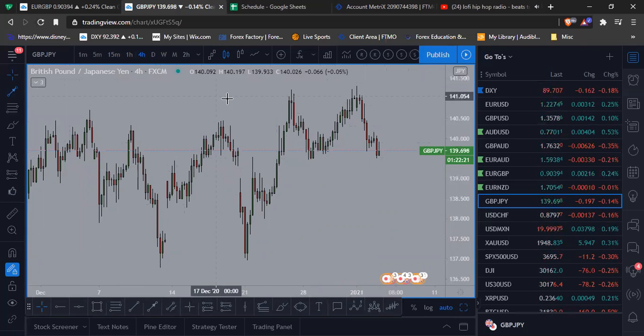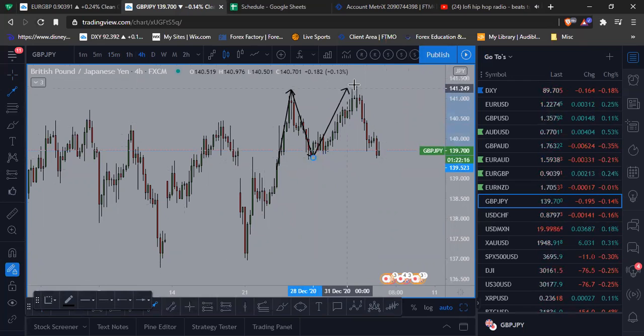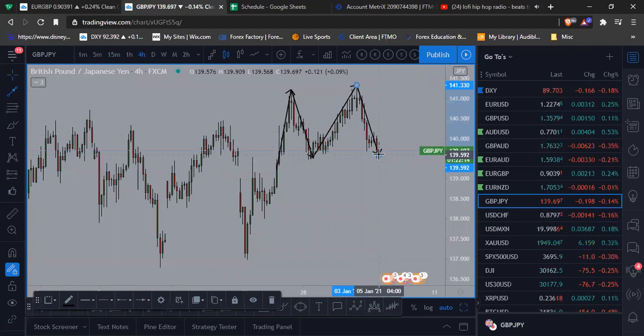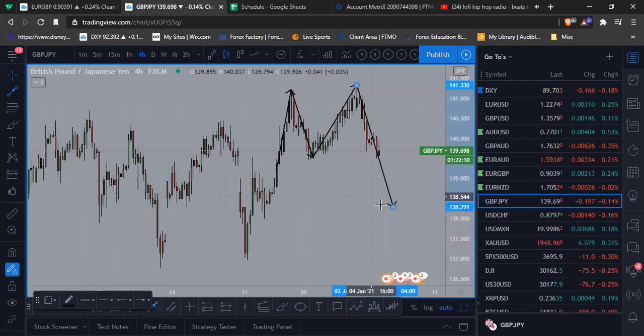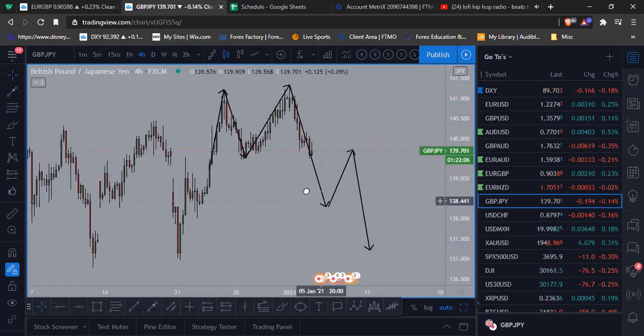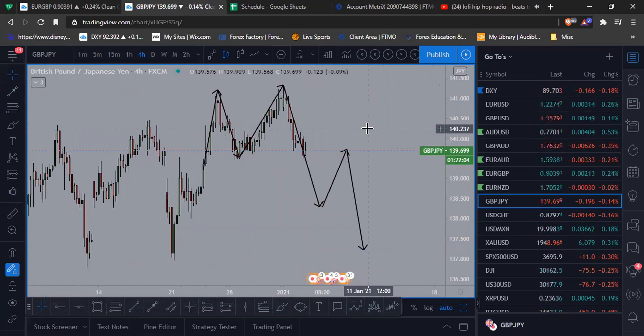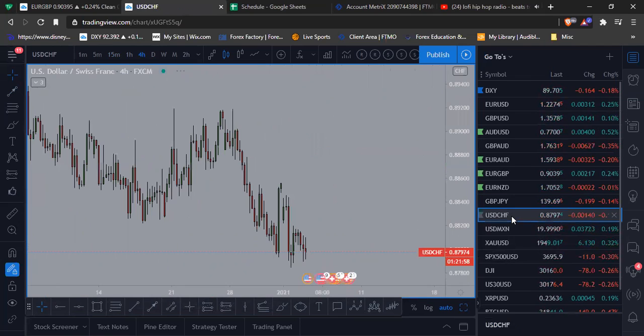Double top, which I'm not afraid of because that's an M pattern for me. So what I would want to see is price drop a little lower and then retest this broken structure, then continue to the downside type move. That's what I'm kind of looking for on GJ. But as for the long term, it's not going to happen this week, in my opinion. So not even going to worry about GJ.